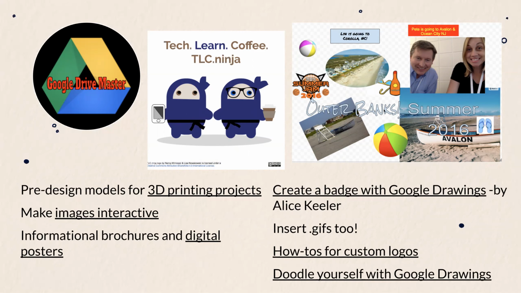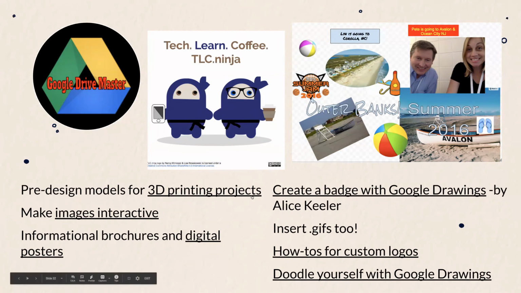This was just a fun one, we had to make a poster of our summer activities with a partner, and that's what we were doing there. But you can see you can bring all these things in, and creating badges. If you are rewarding your students for their work via badging, it's a really easy place to build badges. You can insert GIFs into Google Drawings to spice things up if you need to.